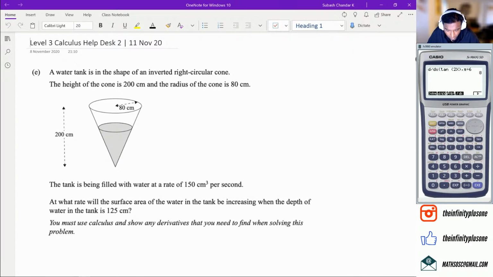this differentiation one. I think this is from the 2017 paper. Let me just check real quickly. I'm sure it was from 2017. Maybe not.